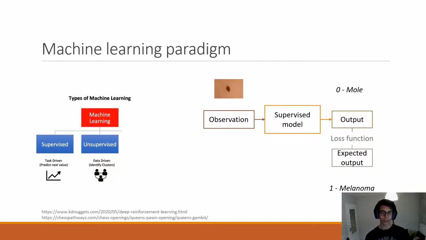Then, in the supervised machine learning paradigm, you can input the observation into the model. The model will output some prediction, for example, it will say that a picture contains a regular mole, and if the model is wrong, and you know it because you know the correct result, which states, for example, that it is a melanoma, you can use your knowledge to correct the model, improving its performance.